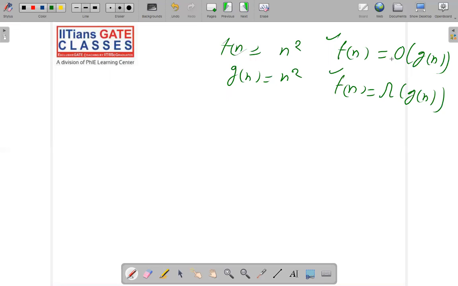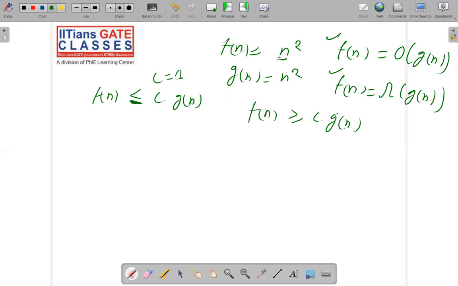In case of order, there is one condition that Fn must be less than or equal to Cgn. So this equal to satisfies this condition. You can put C equal to 1 here, and this equal to will also satisfy. Similarly, for omega, Fn is greater than or equal to Cgn. In this case, where both of them are n square, the same value, this equal to will hold, right?